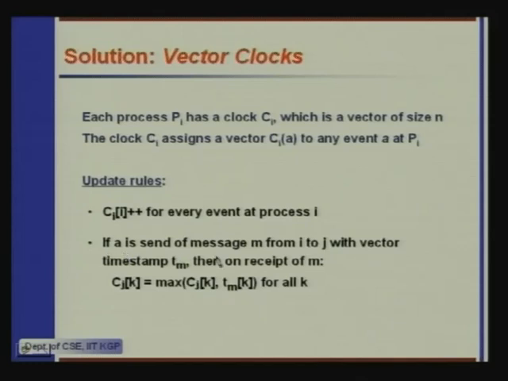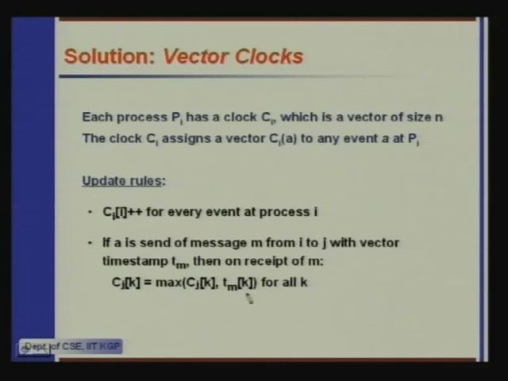If a is a send of message M from i to j with vector timestamp T_M, then on receiving M, the process j computes C_j[k] as max of C_j[k] and T_M[k].